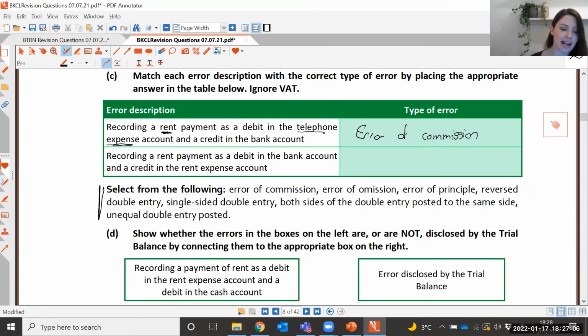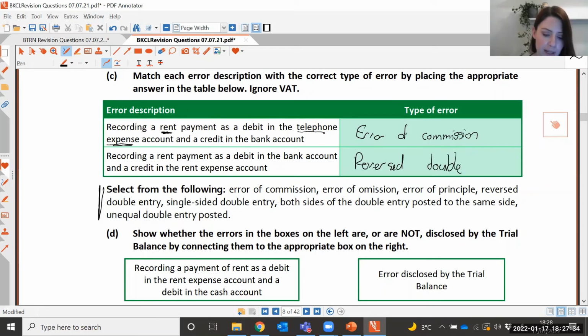So rent, we're making a payment of rent and they've recorded it as a debit to the bank account. Then they've done a credit to the expense account. So Melanie's right to put reversal. So it's reverse double entry. Yeah.